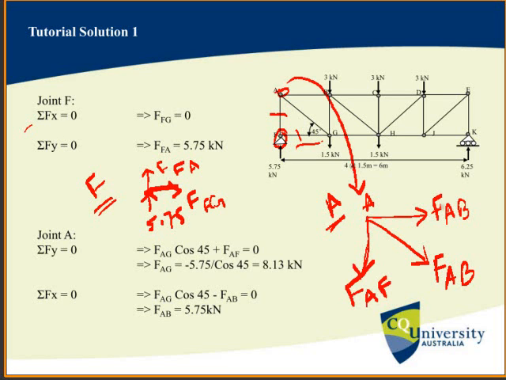And this is the free body diagram of joint A. From this diagram, we can write the equilibrium equation like this. Just look at this. Summation of Fy equal to 0 in this figure: FAB cos 45, this is the vertical component of FAB, plus FAG cos 45, plus FAF, this is the vertical force, FAF, equal to 0.